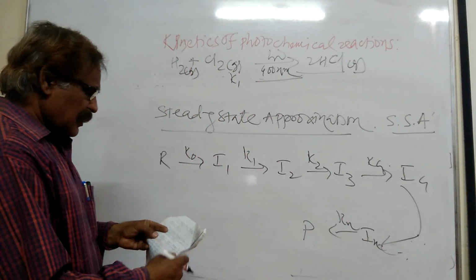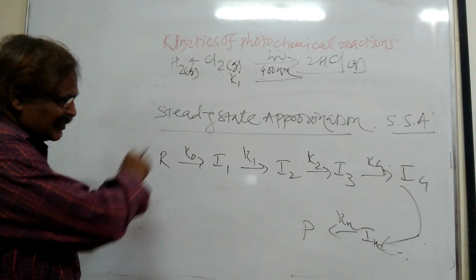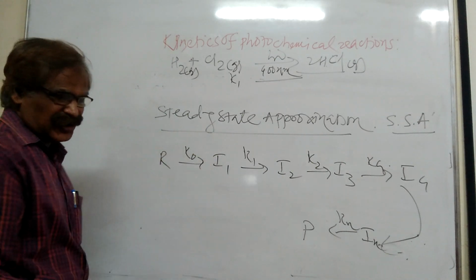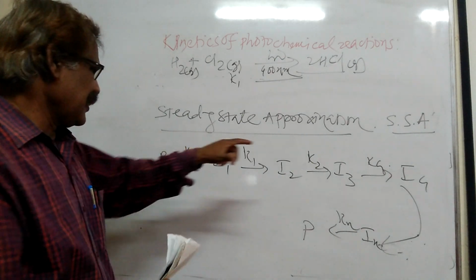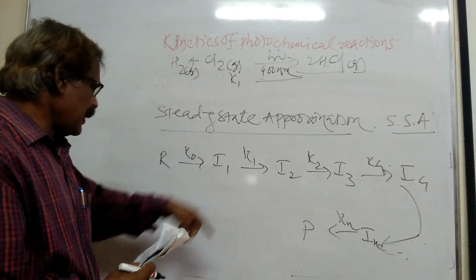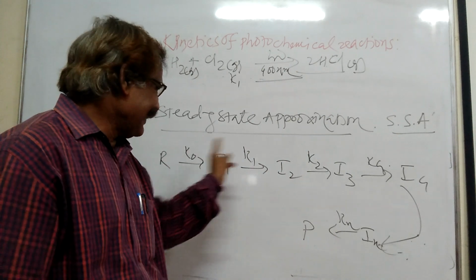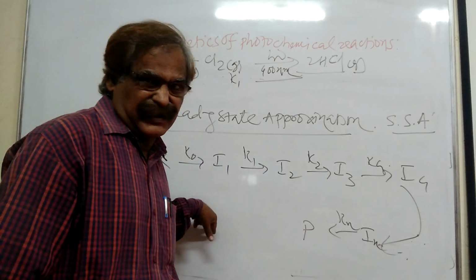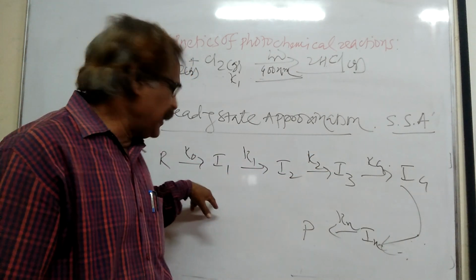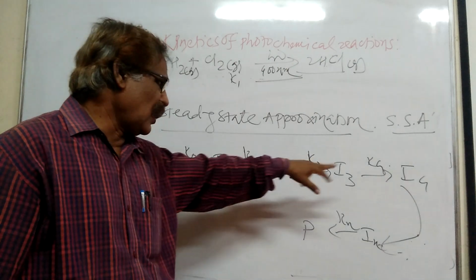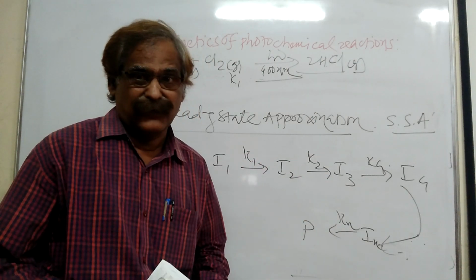So this is a chain reaction in which reactant R is converted into P via all these intermediates I1, I2, I3, I4 and so on.